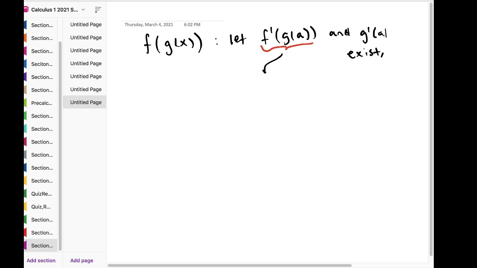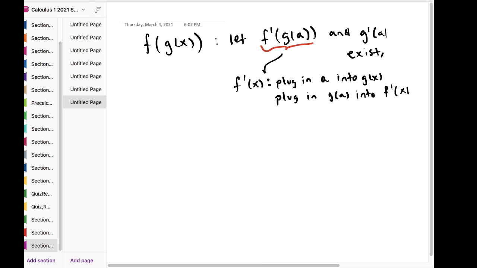So it's f prime of x and then you plug in g of a. You plug g of a into f prime of x.